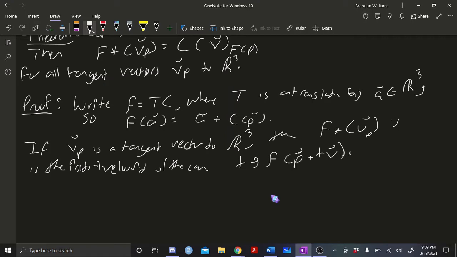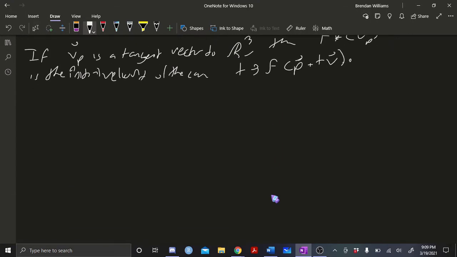So using the linearity of C, we can then write the following few steps. f of p plus tv is equal to, well, first it's tC of p plus tv, which is by the above discussion.